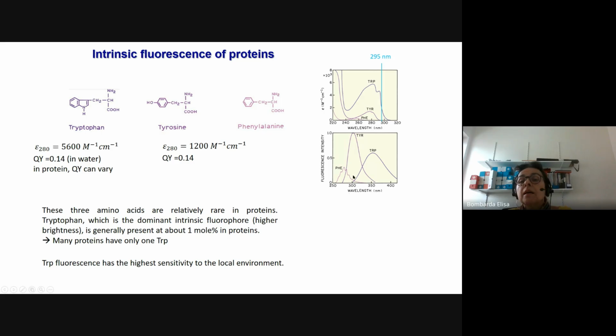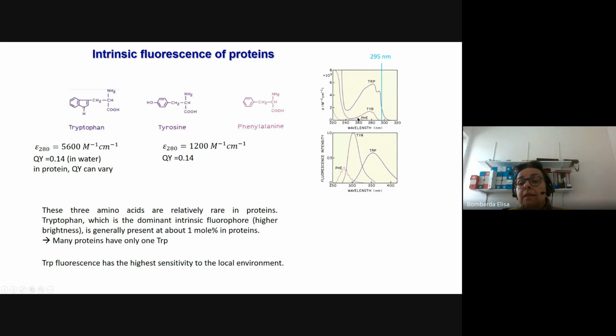So then you see, let's say that tyrosine emits between 260 and 350. And in particular, there is a band between 260, let's say, and 300. And this overlaps with this part.